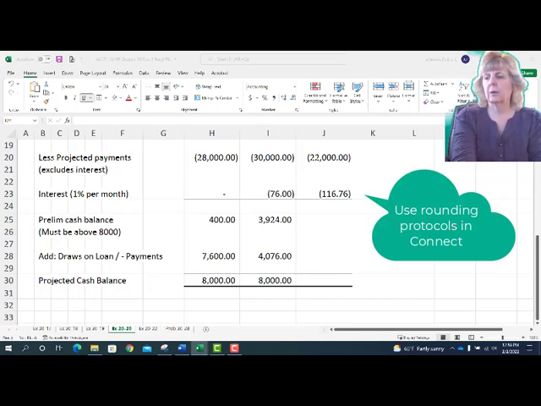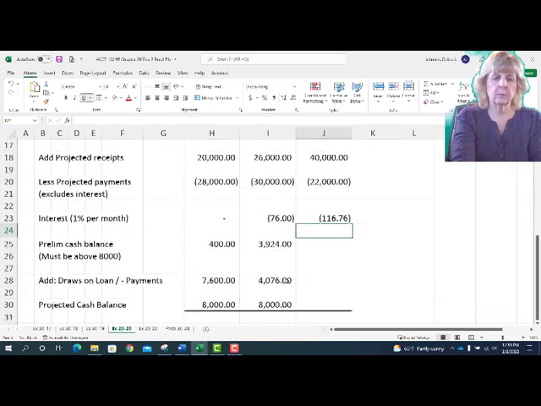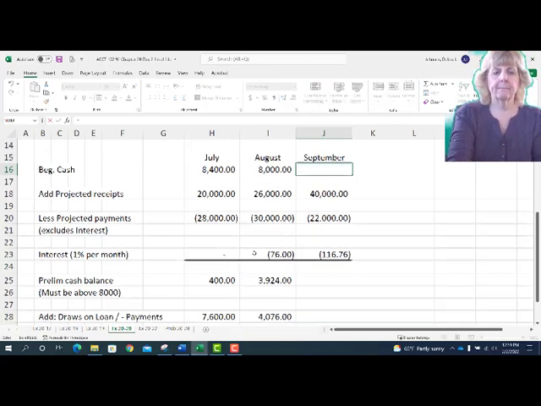I'm not going to worry about that right now. We'll just keep going. And so now I am ready to pull that cash balance up and complete the problem. So my ending balance of the previous month is my starting balance for the next one. Let me go grab that.